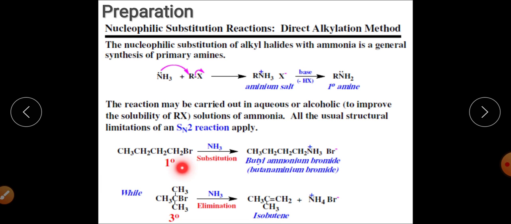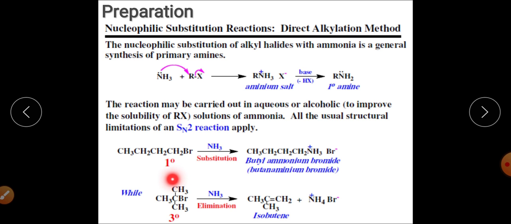This is n-butyl bromide. When n-butyl bromide is allowed to react with aqueous or alcoholic ammonia, it will undergo SN2 substitution and first get converted into butyl ammonium bromide. After formation of butyl ammonium bromide, it will get converted into the amine.